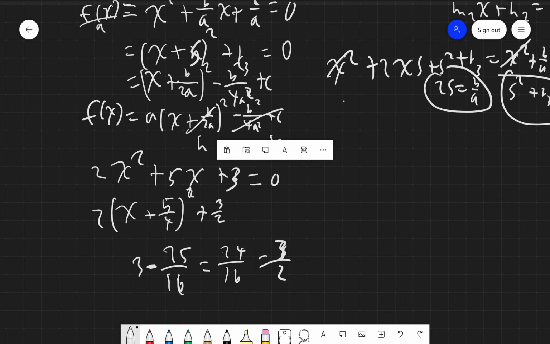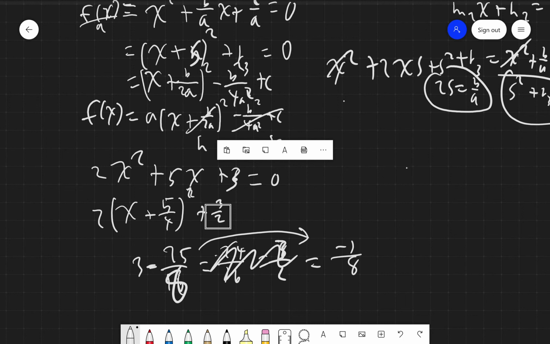Wait, no, sorry. When you do this, you are multiplying by 2 also. So you're going to get 25 over 8. And then 3 minus that, so that's 24 over 8, so that's negative 1 over 8.